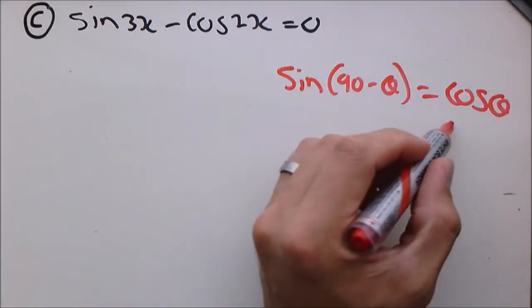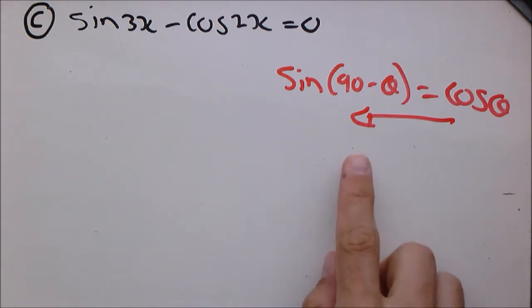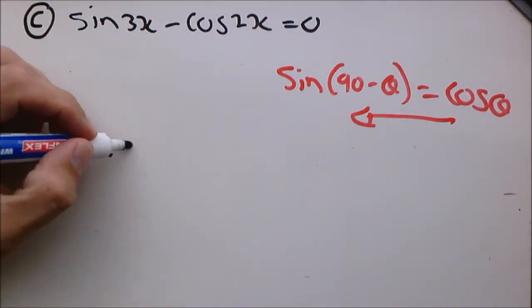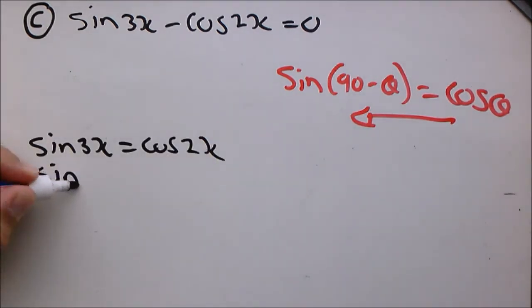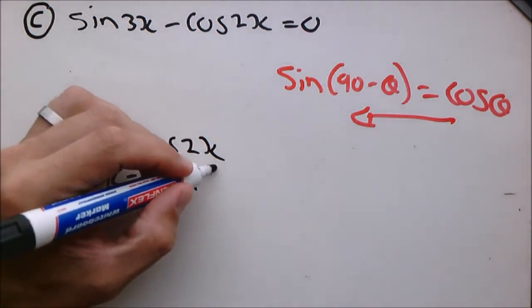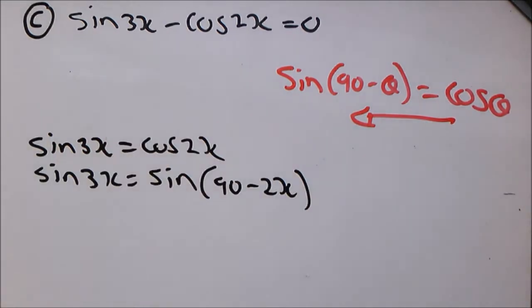So we are basically going in the reverse direction. Okay, let's solve this. So sine 3x equals cos 2x. Sine 3x equals sine(90 minus 2x).